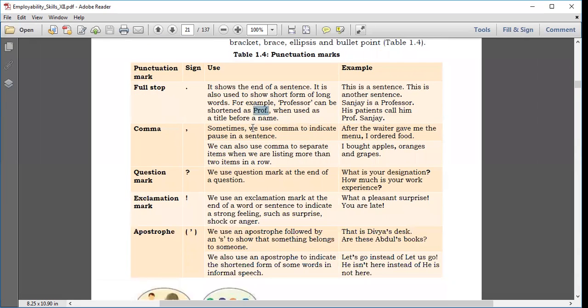Comma is used to indicate a pause in the sentence, like after the waiter gives me the menu, I ordered the food. यहाँ पे pause देना था तो comma लगाया. Or it is also used to separate items while listing, like I bought apples, oranges and grapes.